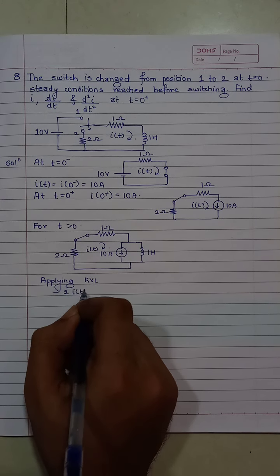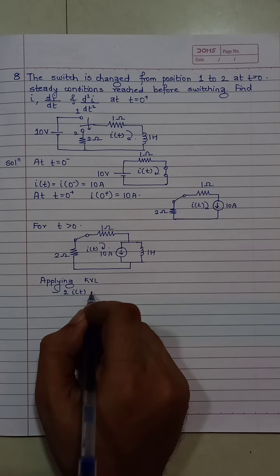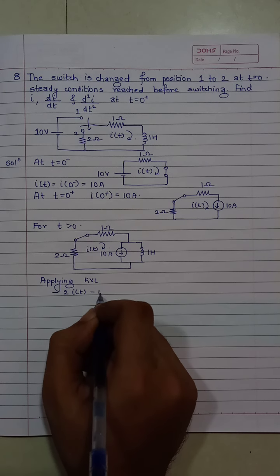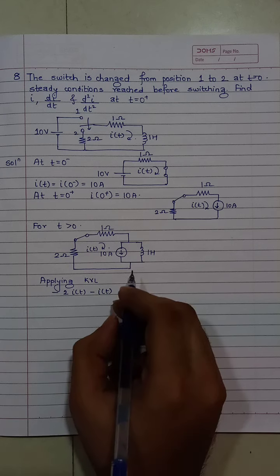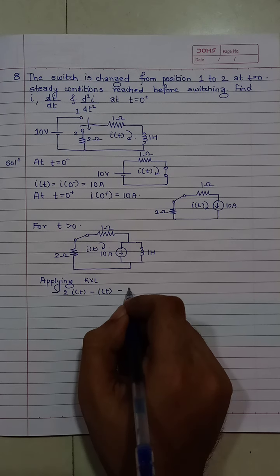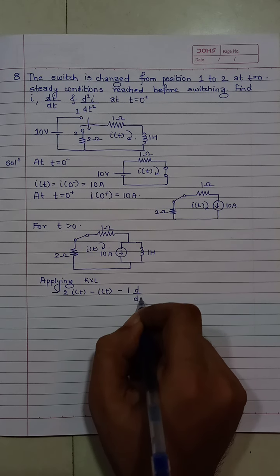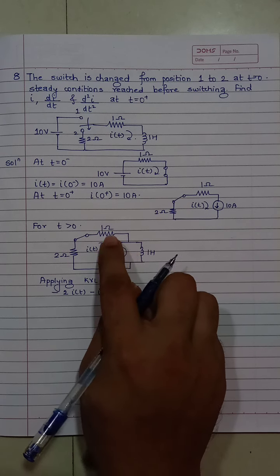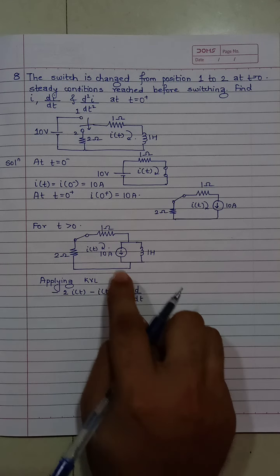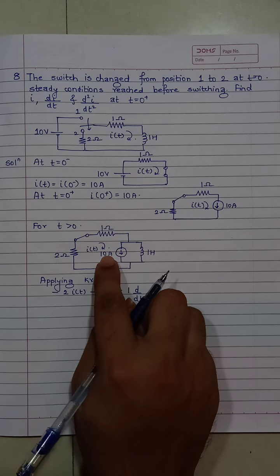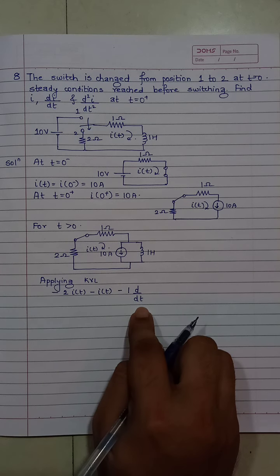minus 2 i of t minus i of t minus 1 into d/dt of the current flowing through this, which will be i of t minus 10 ampere. The differentiation of the constant 10 ampere with respect to t will be 0.